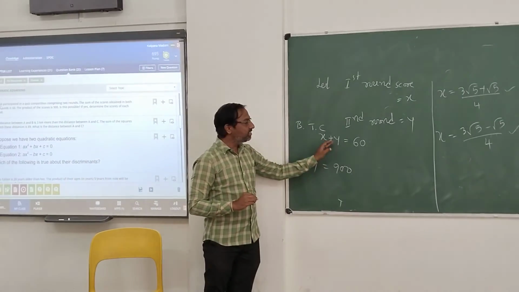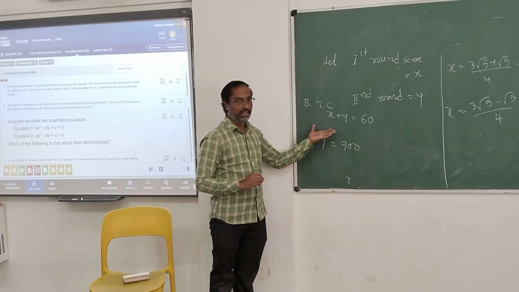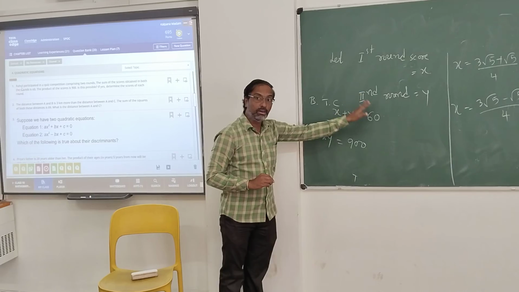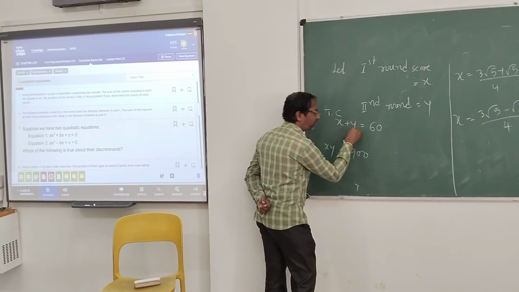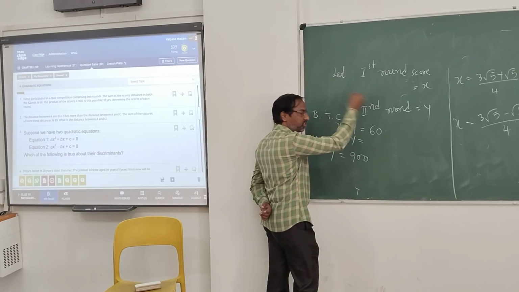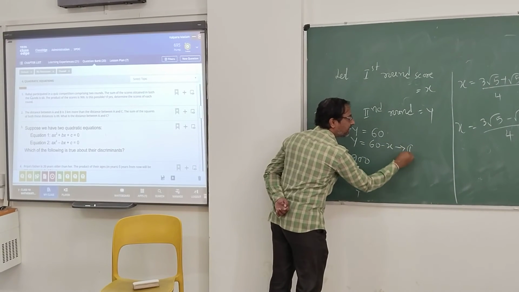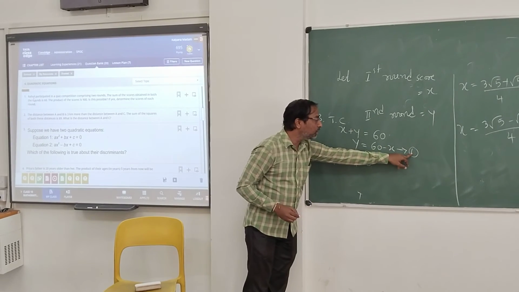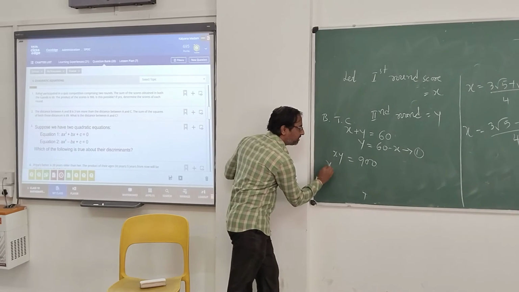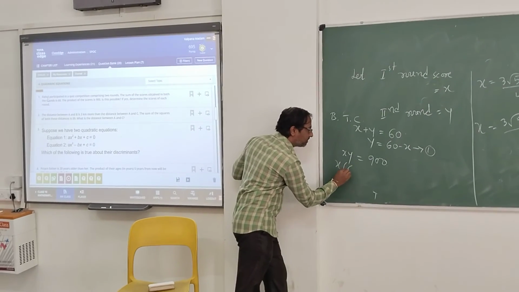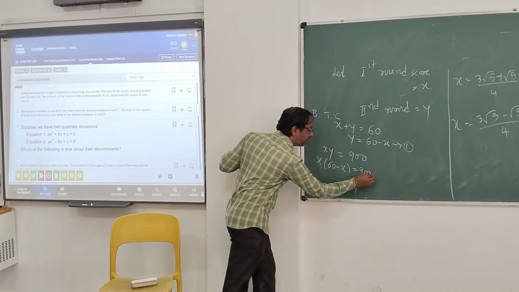So now this is an equation involving two variables. But now we make it into a single variable in quadratic form. So what we do is we keep y here, send this x to that side, so then y is 60 minus x. We take it as equation 1 and we substitute this value in this equation. So x is as it is, but y is 60 minus x, equal to 900.